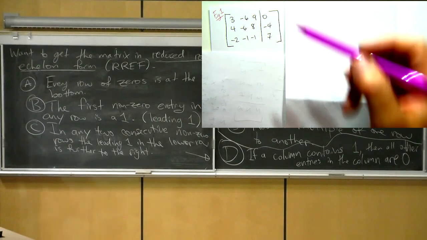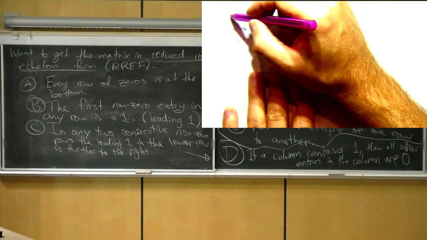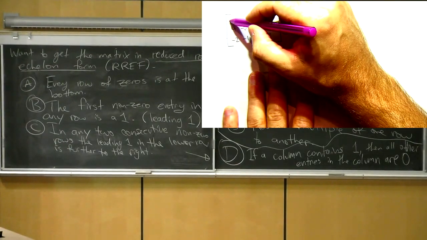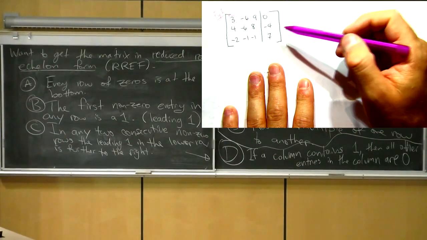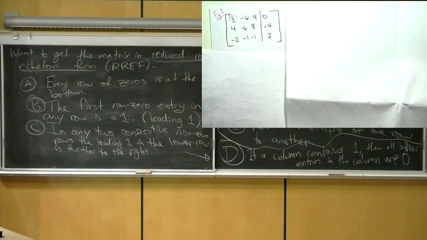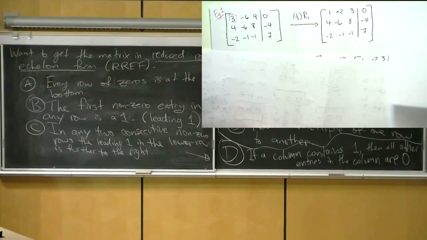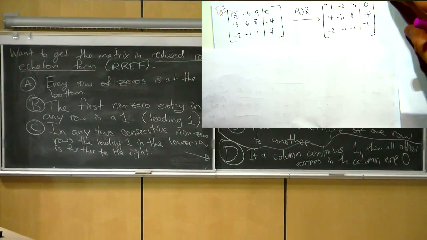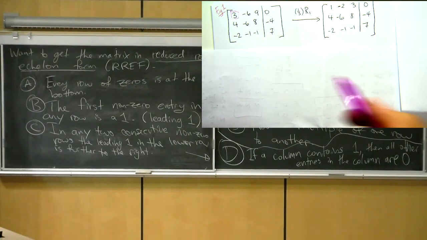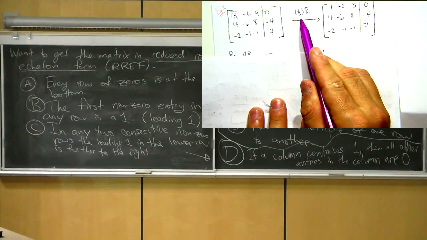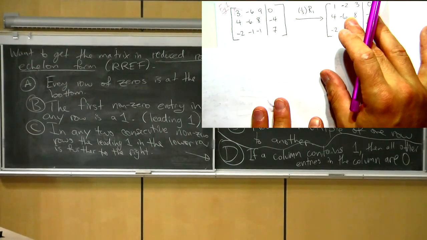Specifically, we want to get a 1 in the top left corner. Right now we've got a 3, which is obviously not a 1. So I'm going to divide that whole row by 3. If I divide row 1 by 3, my first step is to take 1/3 times row 1.